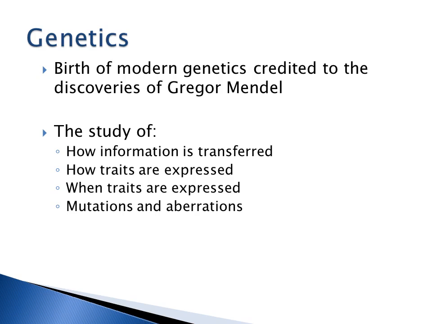Gregor Mendel is credited for being the discoverer of modern genetics. Genetics is the study of how information is transferred, how traits are expressed, when traits are expressed, and the various mutations and abnormalities that can occur.